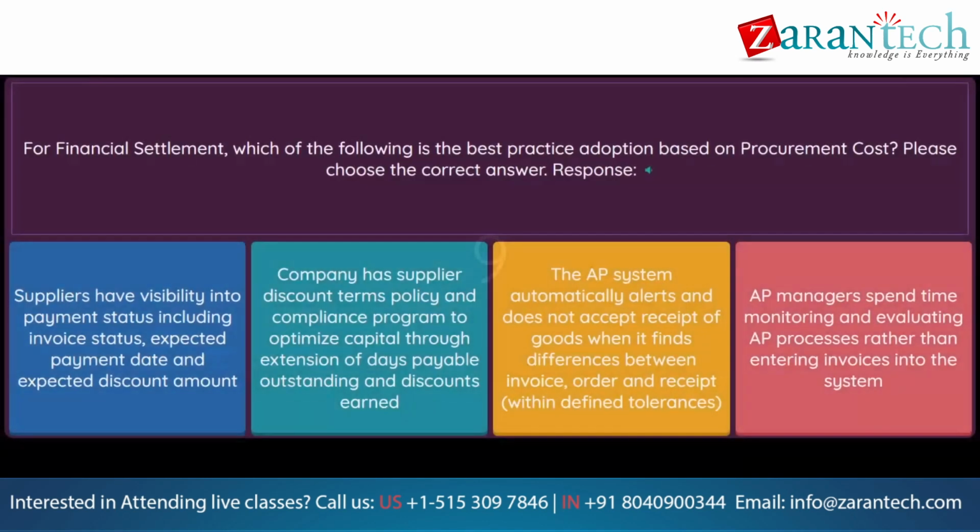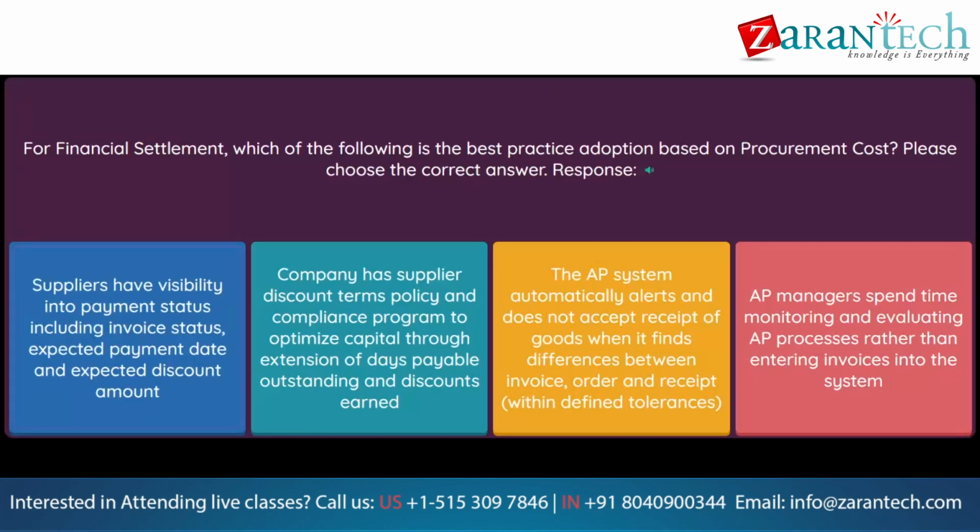Question: For financial settlement, which of the following is the best practice adoption based on procurement cost? Please choose the correct answer. Response: Option 1, suppliers have visibility into payment status including invoice status, expected payment date and expected discount amount.